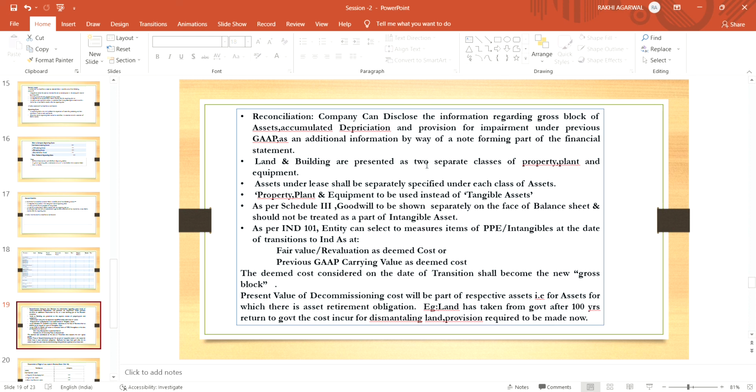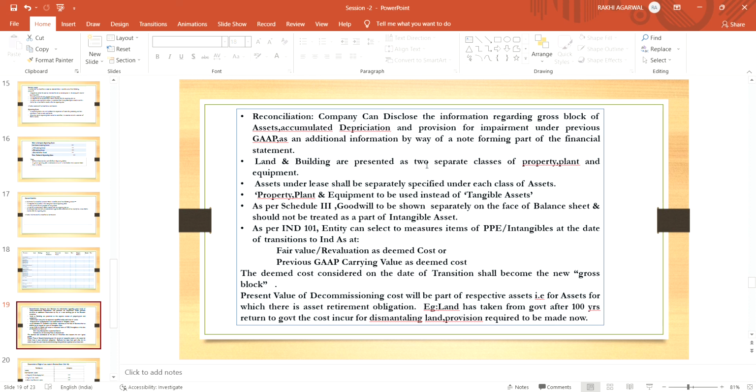Like company shall disclose the gross block of previous year also as an additional note forming part of financial statement. Land and building are presented as two separate classes of PPE. Asset under lease shall be separately specified under each class of assets. PPE means property, plant and equipment, to be used instead of tangible assets.